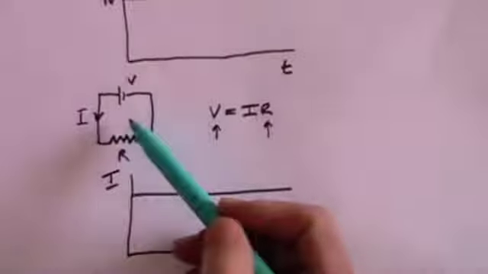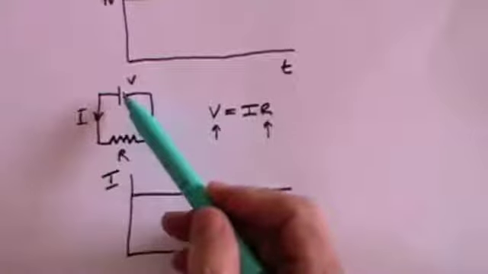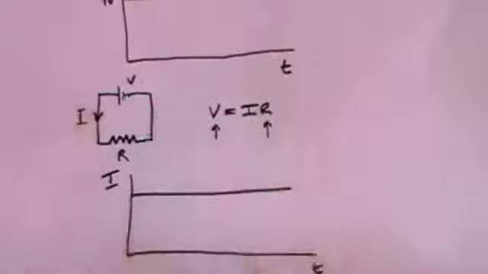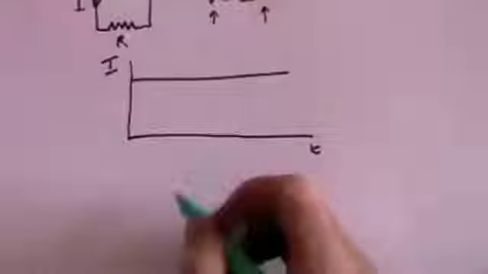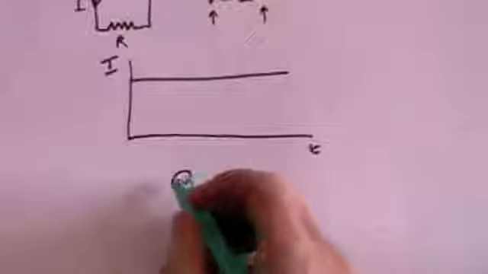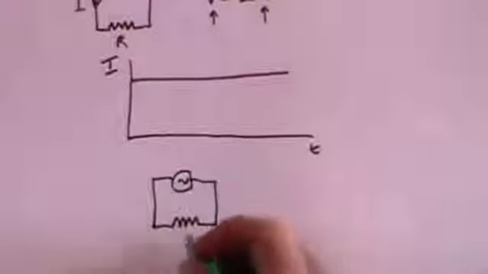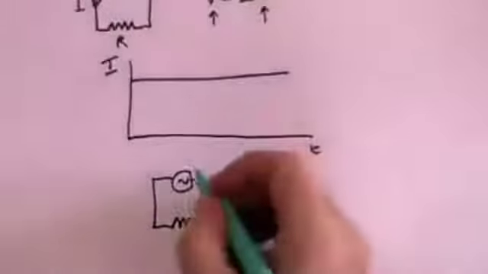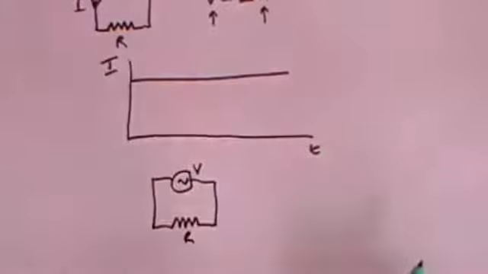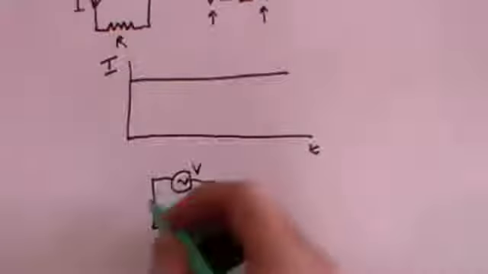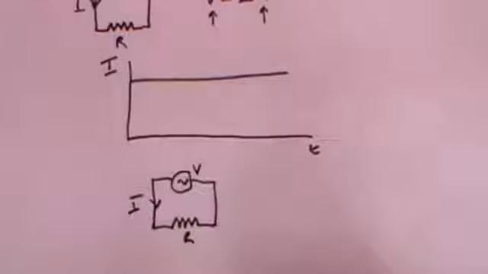Now let's take this circuit and take the battery out and instead replace it by an alternating current supply. So we have our alternating current supply going through our resistance R. The supply will have a voltage and there will be a current flowing through the circuit.